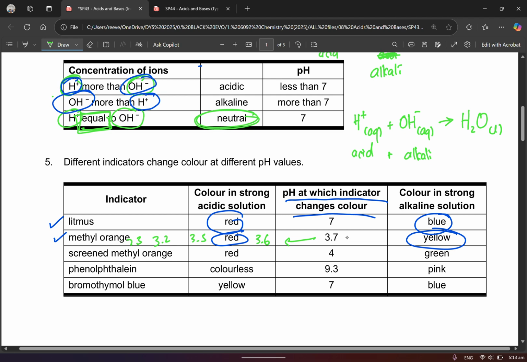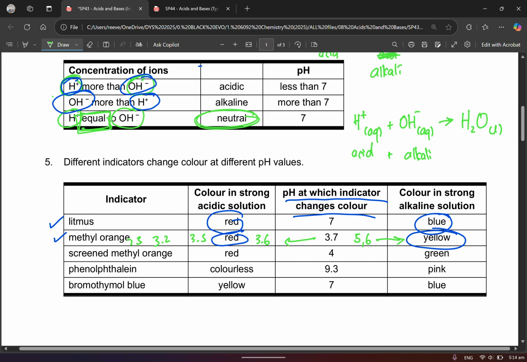So the tricky part is I know that 5 and 6 are acidic, but it will give you yellow color. So this is a unique indicator. The pH value that changes color is at 3.7.